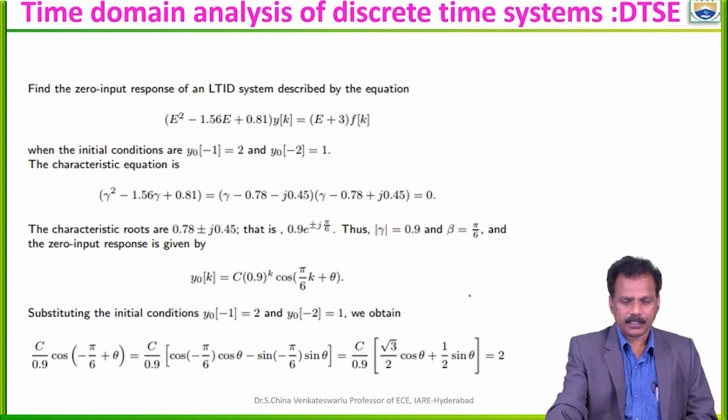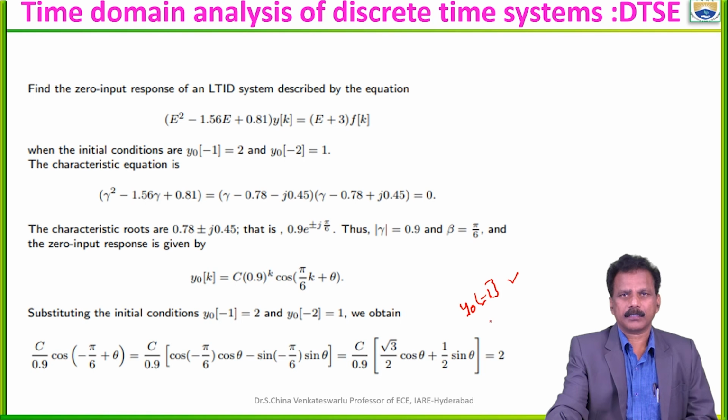Condition 1, the initial condition is y naught of minus 1. How does it vary, and do the characteristic roots change or not? Is the zero input response going to vary or not?